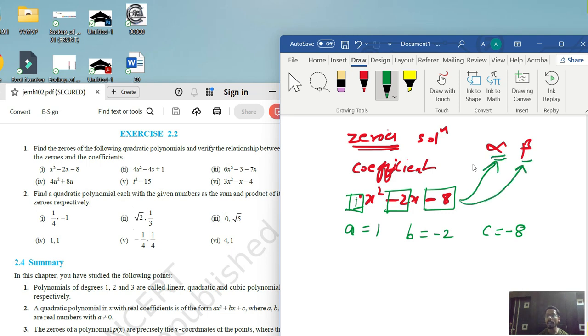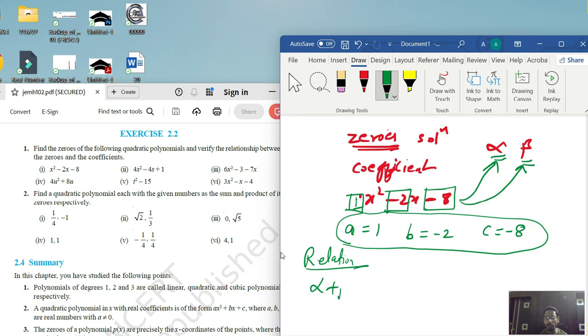This alpha and beta are related to the coefficients. Okay, there is a formula for the relation. The formula is alpha plus beta is equal to minus b by a and alpha beta equal to c by a.